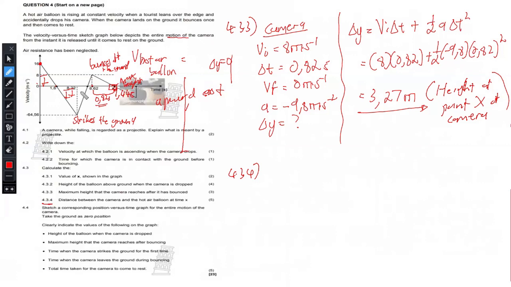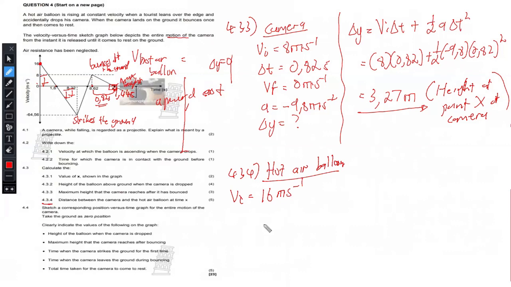So we can calculate that by saying for the hot air balloon, this is what we have. Do we have the V initial of the hot air balloon? Yes, 16 meters per second, right?